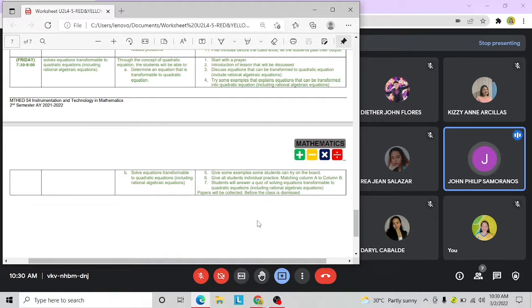Next, give some examples that some students can try on the board. Next, give all students an individual practice, matching column A to column B. Next, the students will answer a quiz of solving equations transformable to quadratic equations, including rational algebraic equations. And lastly, papers will be collected before the class is dismissed.